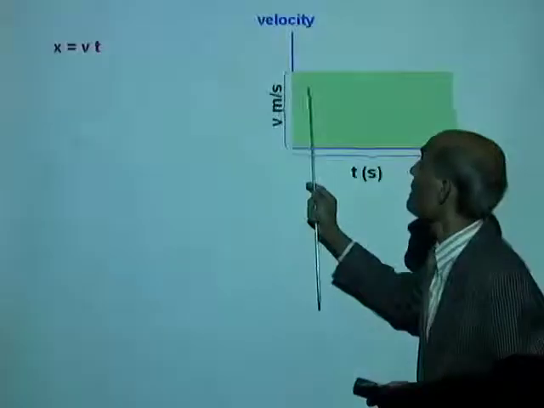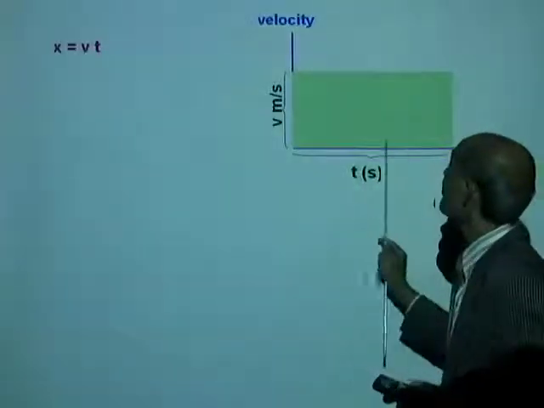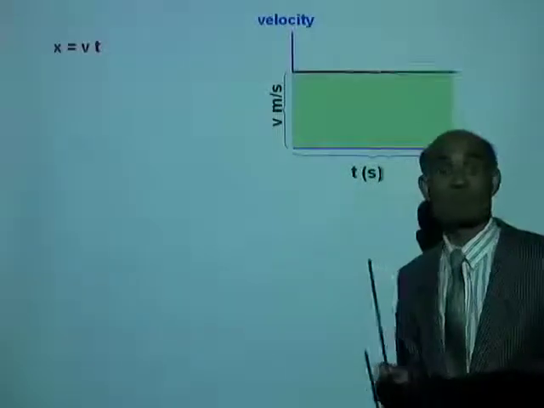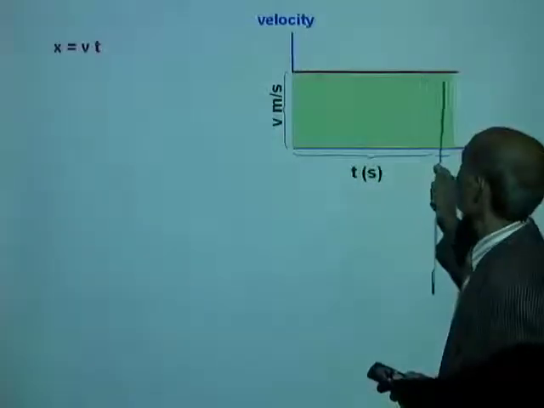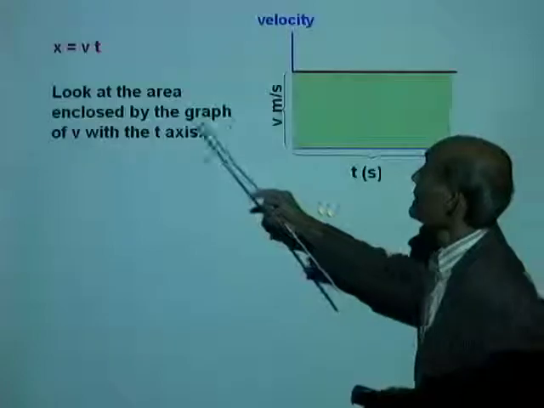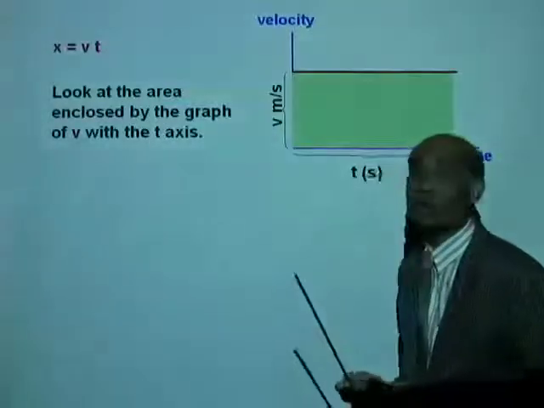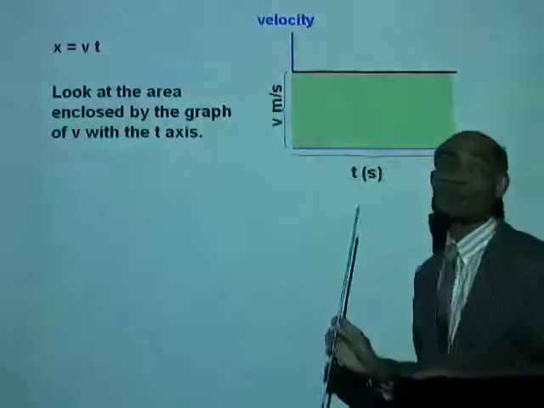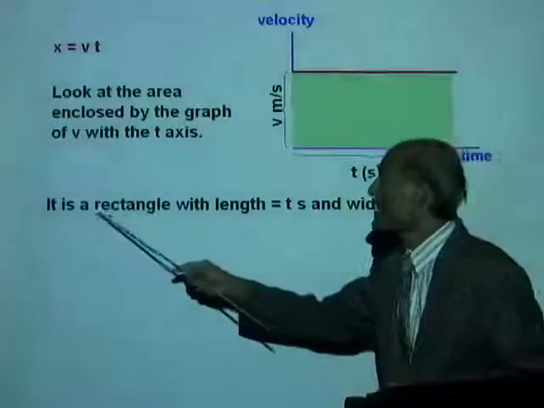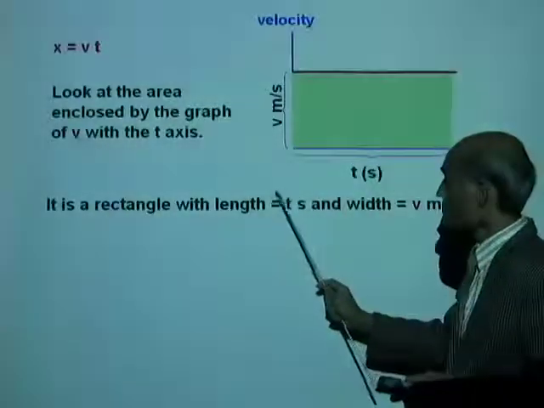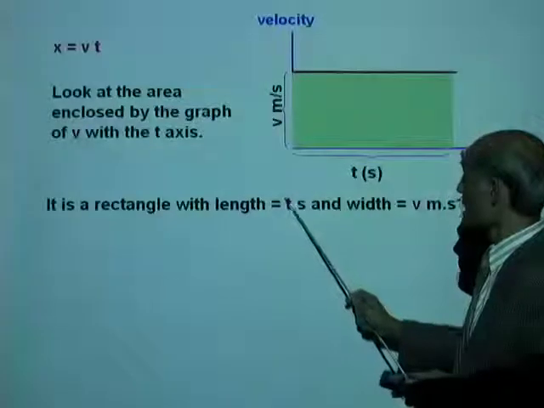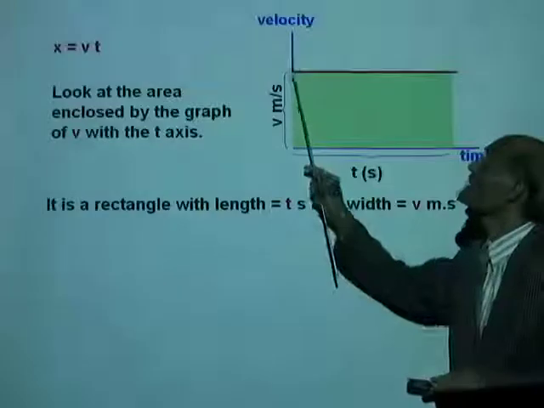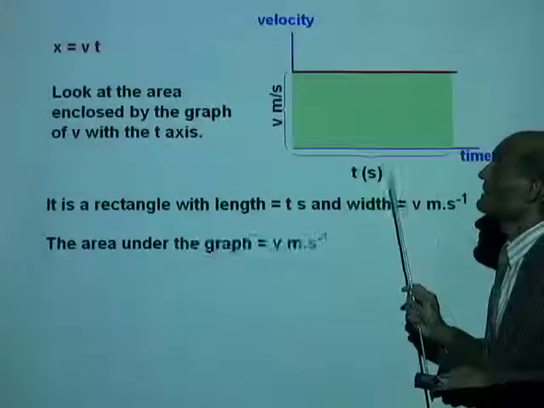v multiplied by t gives you the area of the velocity time graph. So if this is the velocity time graph, the area enclosed by the graph of v with the t axis is a rectangle whose length is t seconds and whose width is v meters per second.